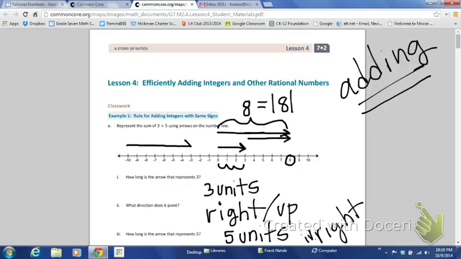The reason we talk about absolute value now is that if this arrow were here instead, you can see that arrow is also 8 units long: 1, 2, 3, 4, 5, 6, 7, 8. It also has an absolute value of 8.